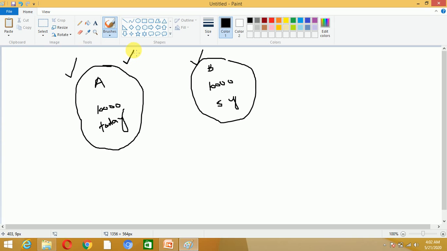Obviously option A. Why option A? Because option A gives us an opportunity. Opportunity of what? Investment. We can invest this money today, and if we wait 5 years we will receive only 10,000.